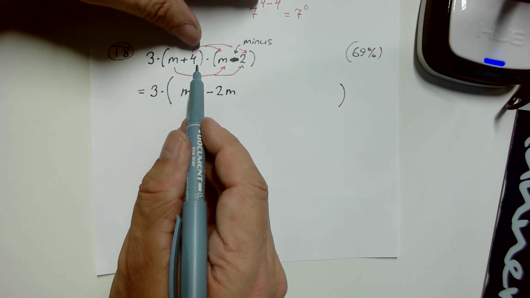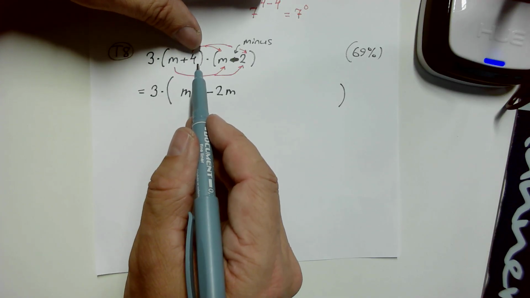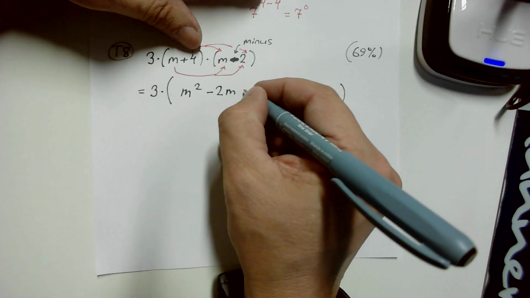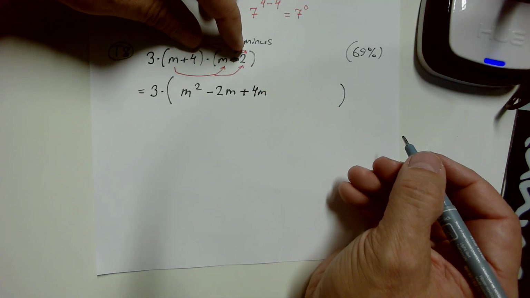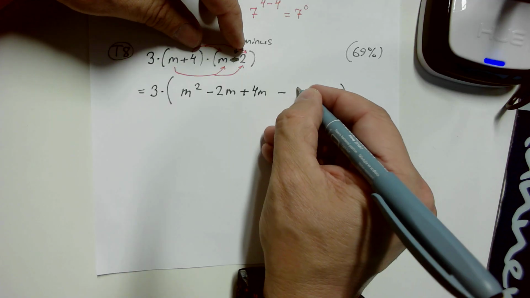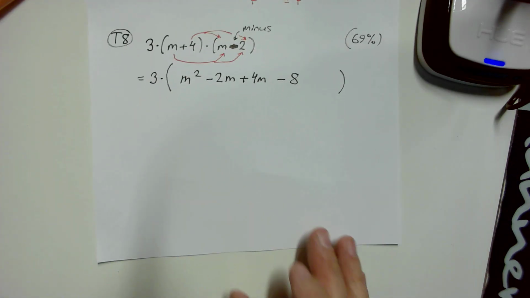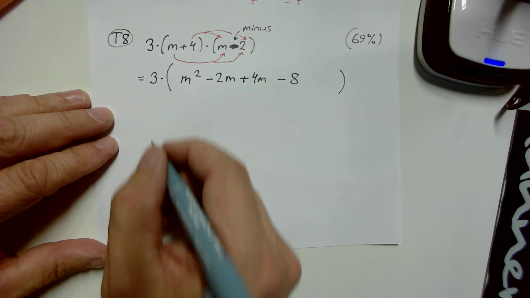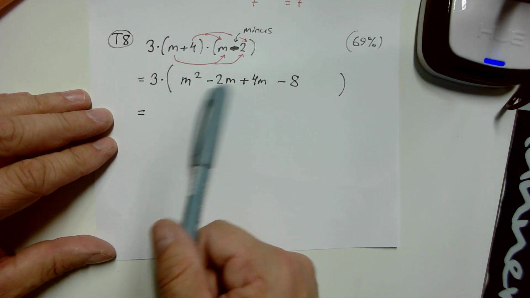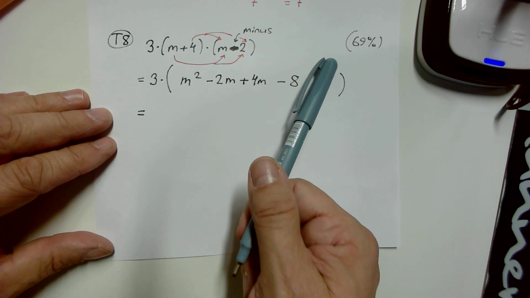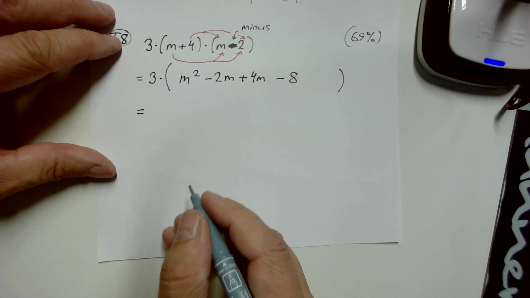Let's go to the 4. What comes? 4m plus 4 times minus 2. I thought that it would be a bigger expression there, so I'm sorry to get such wide brackets.